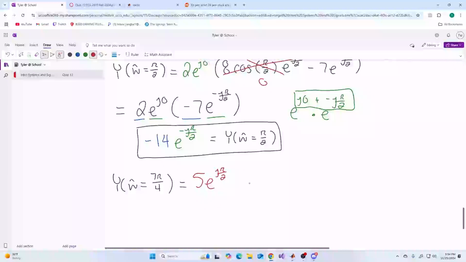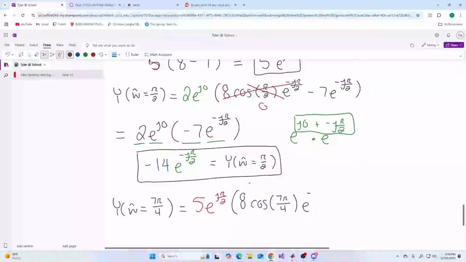Now, what I'm going to do is that original function of h at w hat, we need to fill in with 7 pi divided by 4. So this is times 8 cosine of 7 pi divided by 4 e to the negative j 7 pi divided by 4 minus 7e to the negative j 7 pi divided by 4.